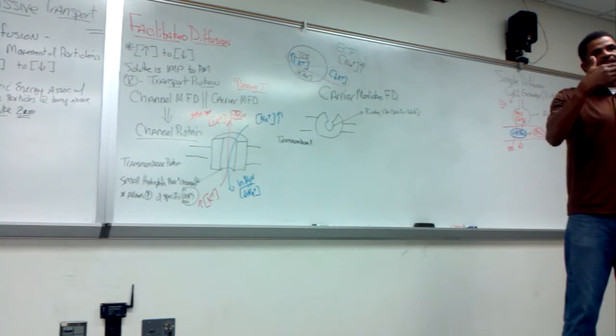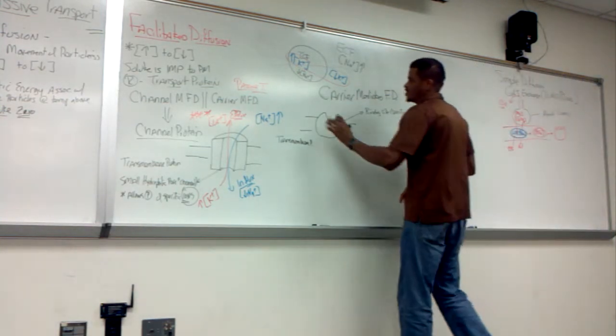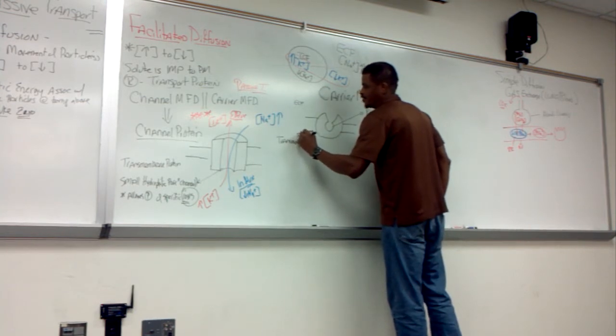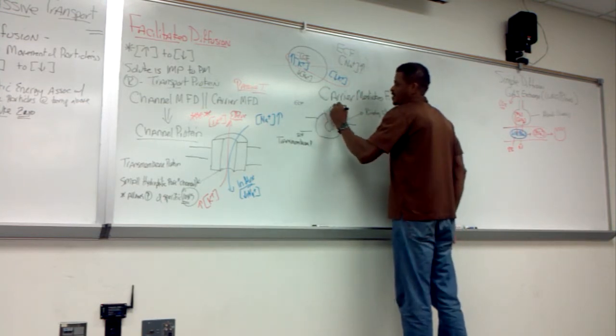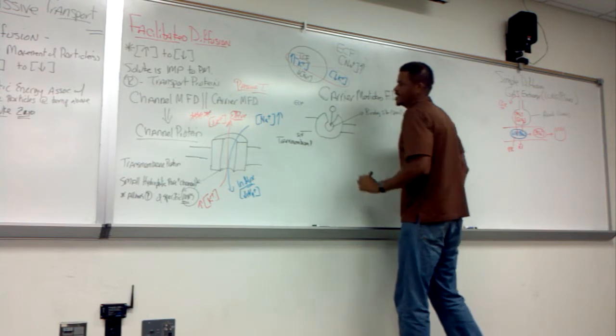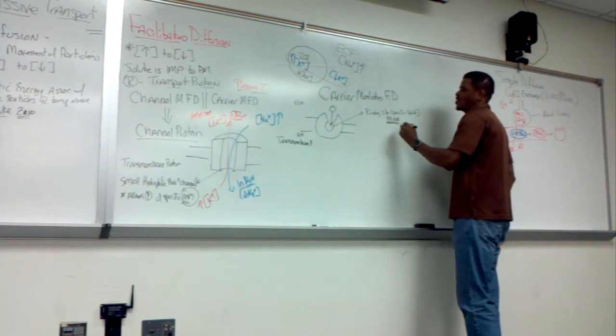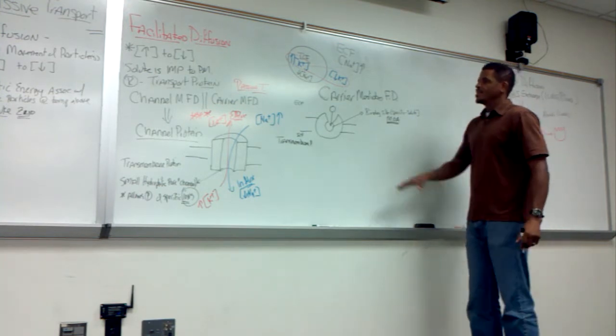So we say, for example, this is extracellular fluid, this is intracellular fluid. We have our particular solute. We look at the mechanism of action, MOA, of the carrier protein. It will what? Bind to the solute.